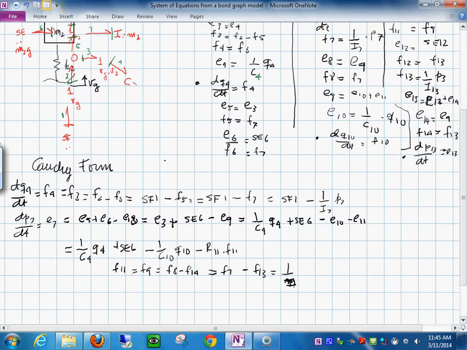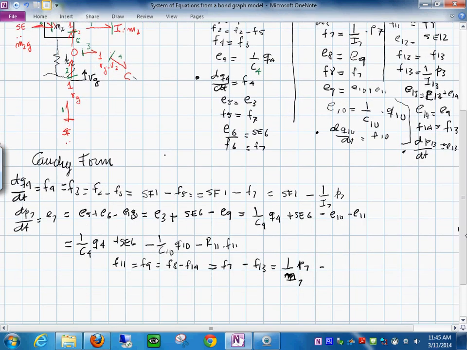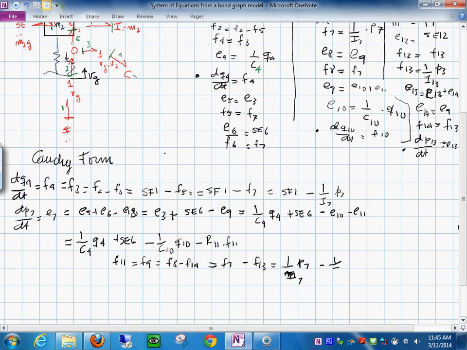I think it was 1 over M, but we write 1 over I7 P sub 7. And then the other one, F13, is the same thing, 1 over I13 P13. So now we can substitute.